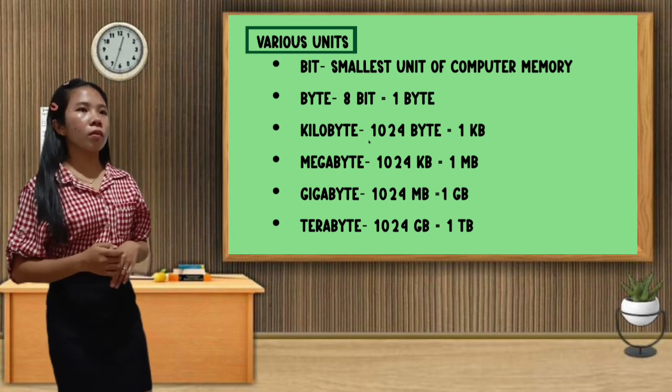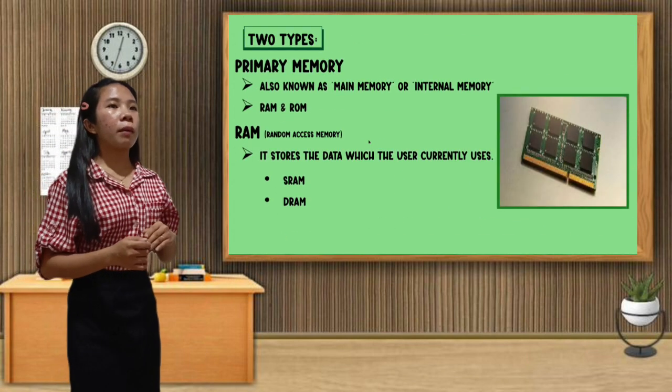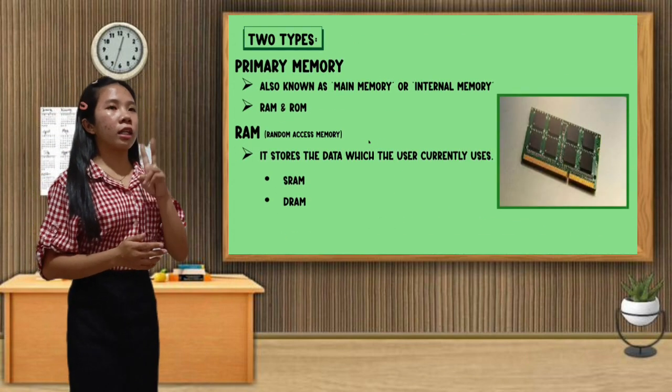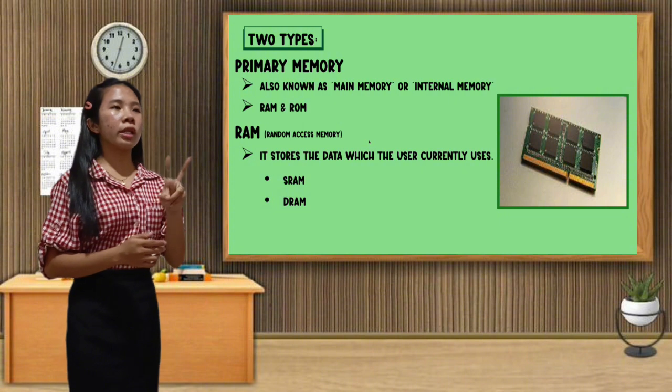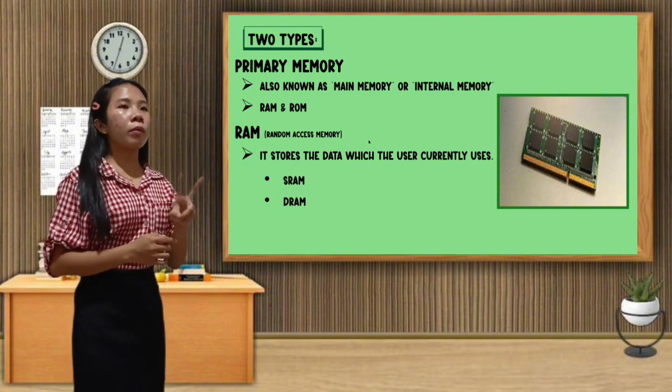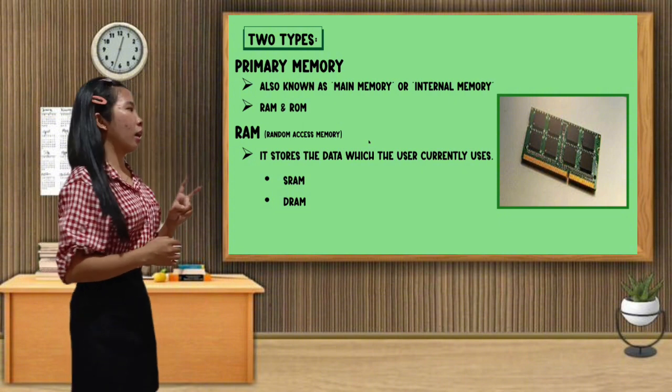So now memory is classified into two types, which is the primary memory and secondary memory.